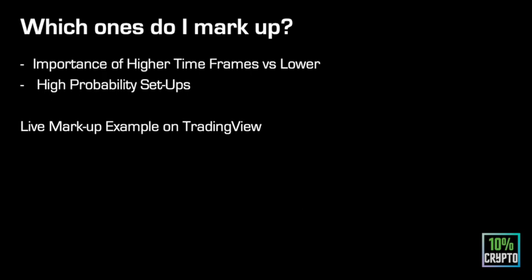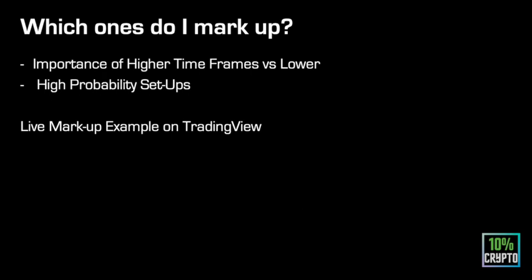So the second point, high probability setups, exact same point again. It just feels like I'm saying the same thing here again, but with your higher time frames, your weekly, your daily, even maybe you use 12 hour, 8 hour, or 4 hour, those time frames, that's where you want to point out all your key support and resistance levels, all your key trend lines, because that's where price is more likely to respect those levels, rather than if you draw in a 5 minute support and try to buy from there, you might just easily get wicked out.